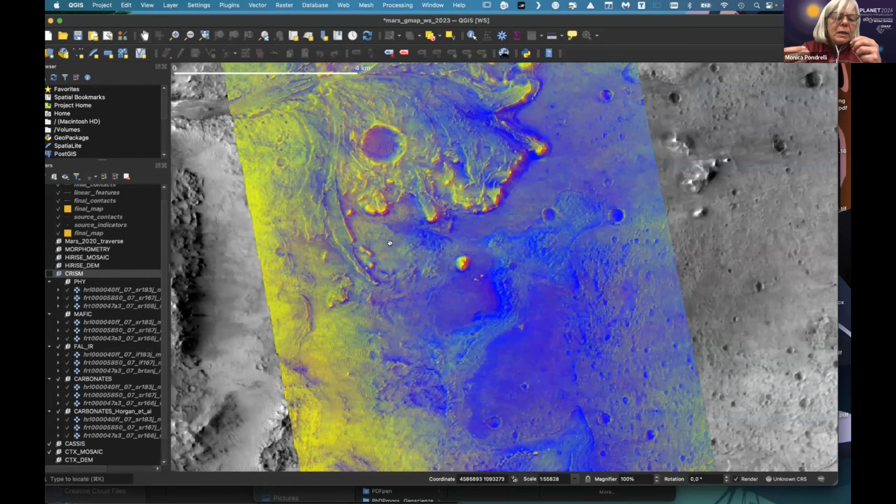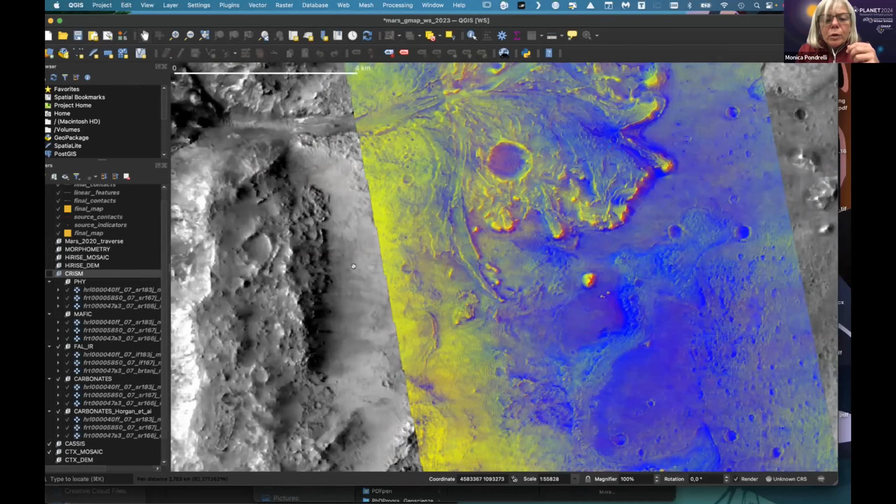For example, here you have an aeolian cover, but you can still guess which unit this is. So if you map this as aeolian bedform, this might result in losing information on the extension of the unit B.